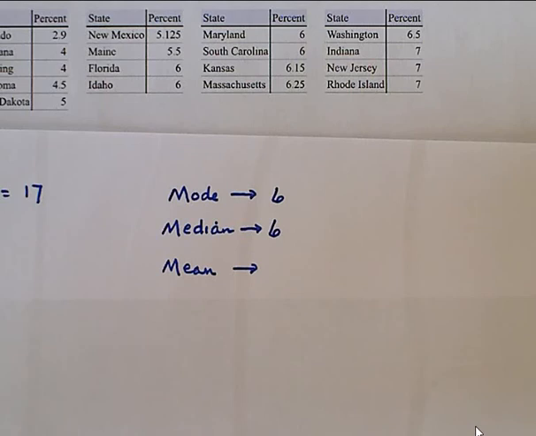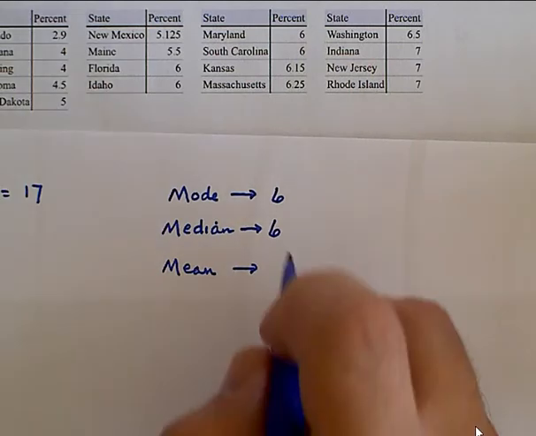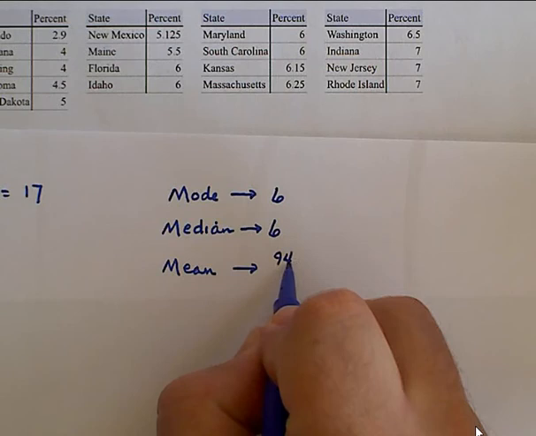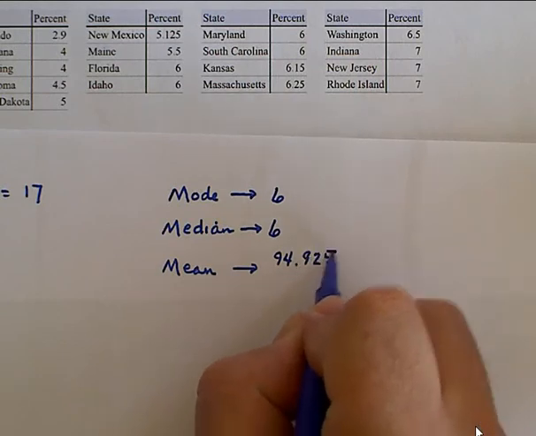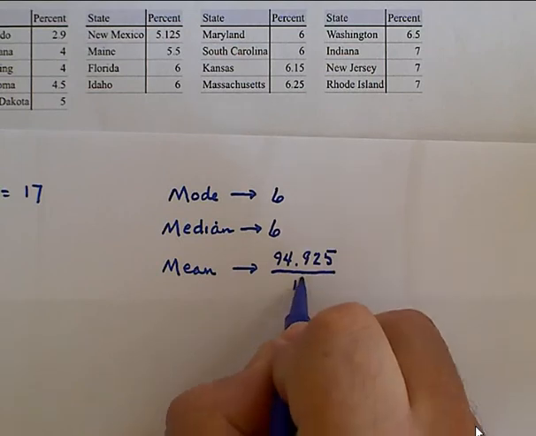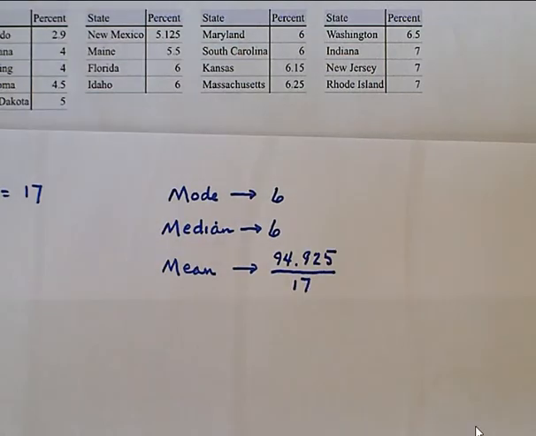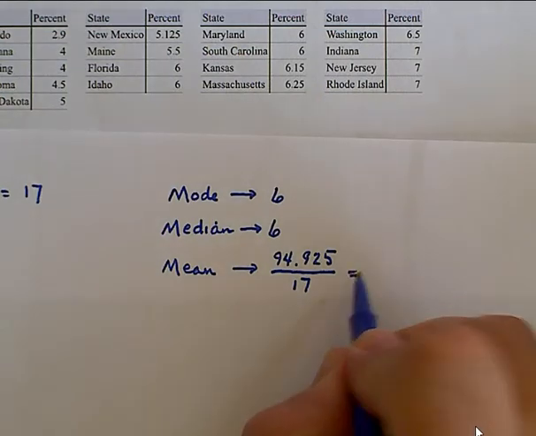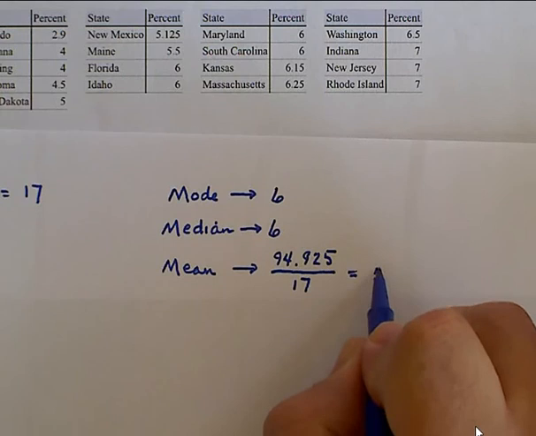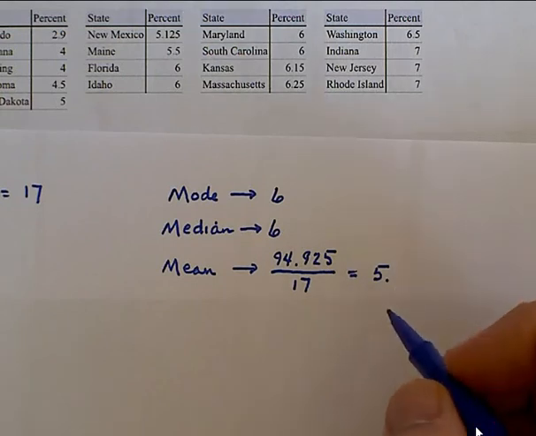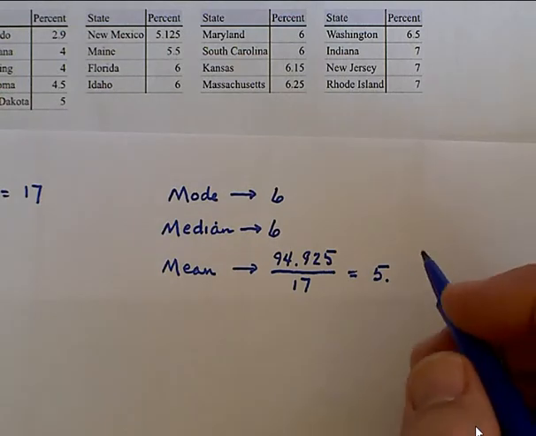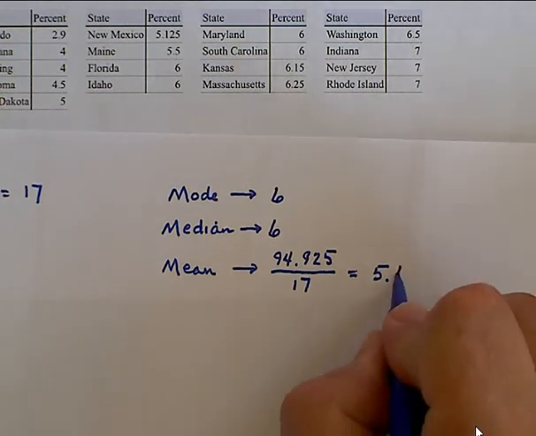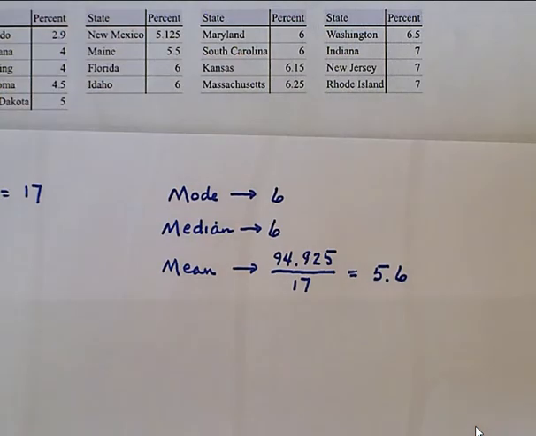Okay, so I get 94.925. That's the sum divided by 17. And when I do that, I get 5.5838. I'm going to call that 5.6.